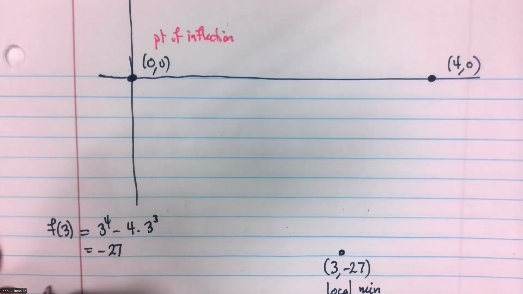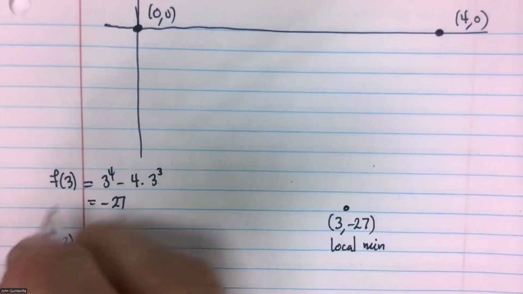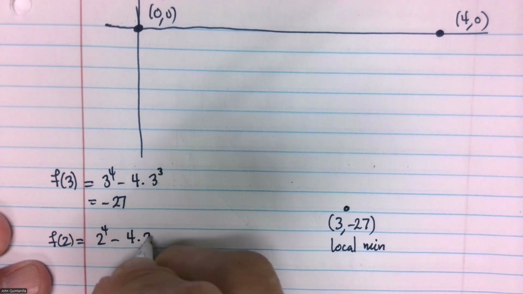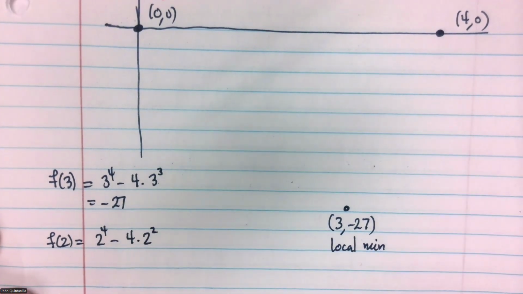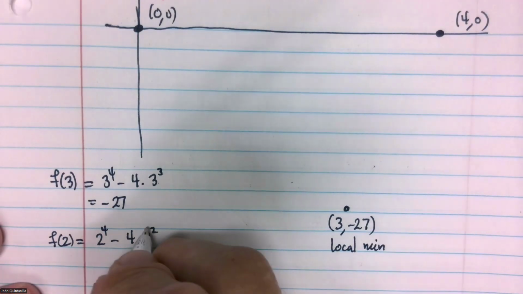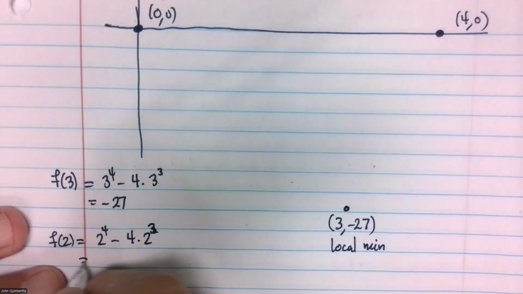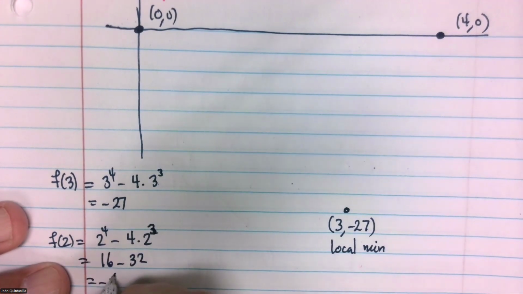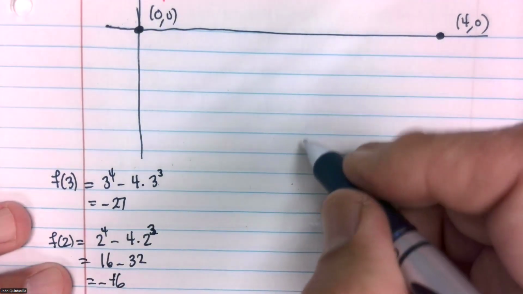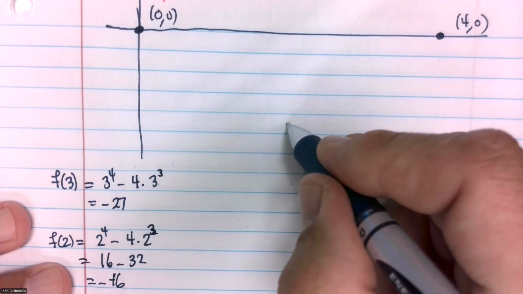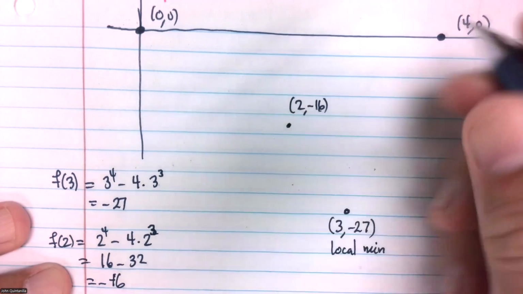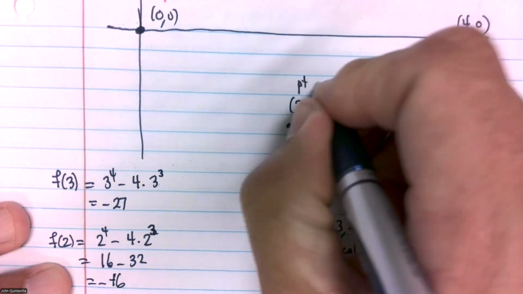So when we plug in 2, f of 2 is equal to 2 to the 4th minus 4 times 2 to the 3rd. And so that's 16 minus 32, which is negative 16. And so that'll be somewhere around here. The point 2, negative 16 is a point of inflection.